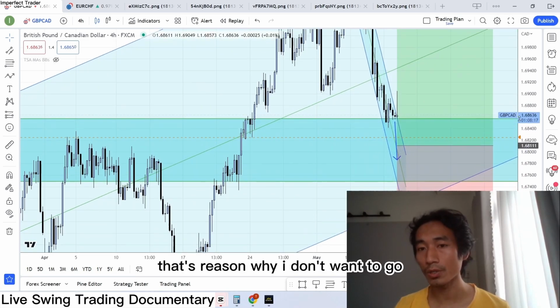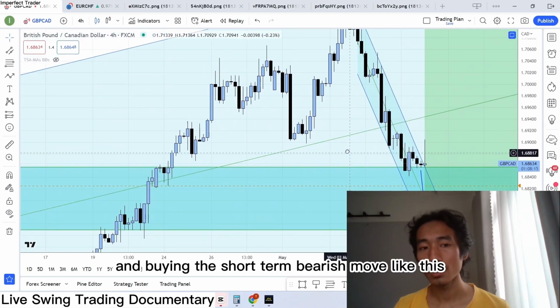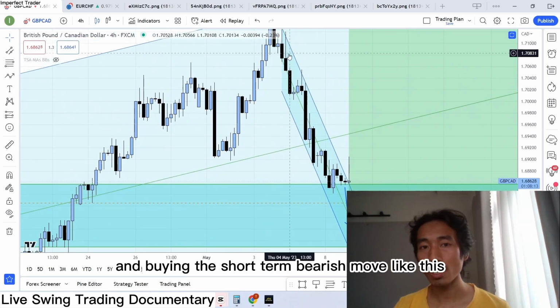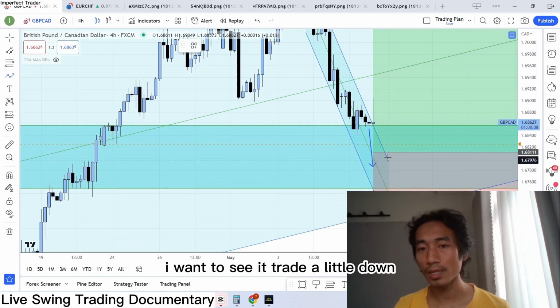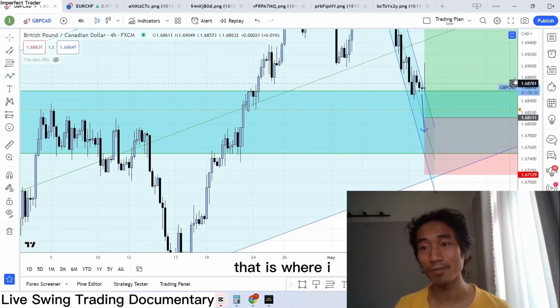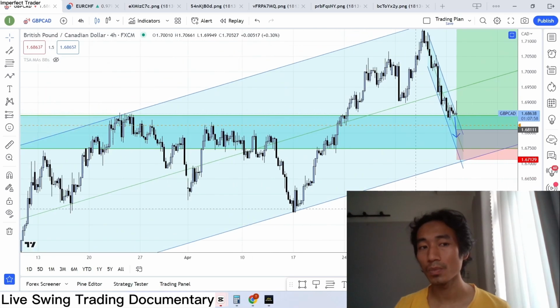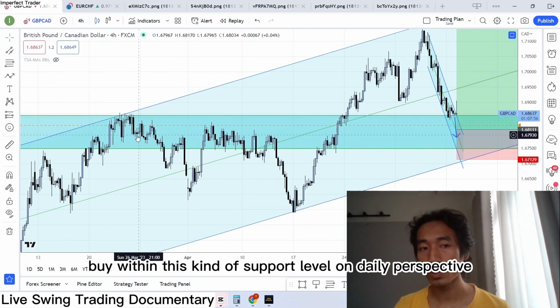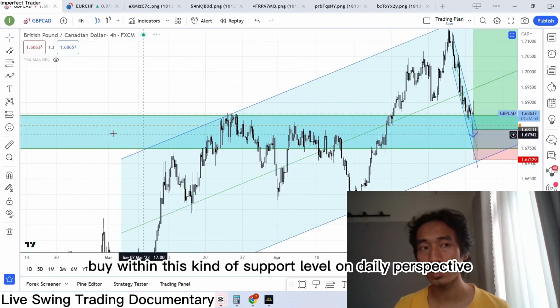That's the reason why I don't want to go buying the short-term bearish move like this. I want to see it trade a little down, and then I see some kind of oversold on RSI. Then that is where I buy, within this kind of support level on the daily perspective.